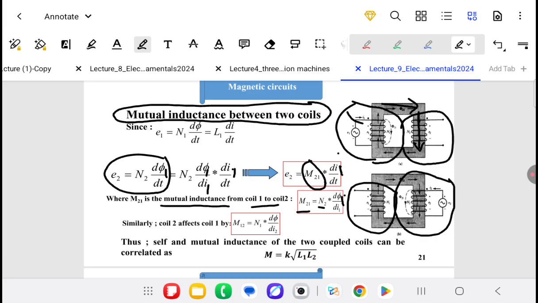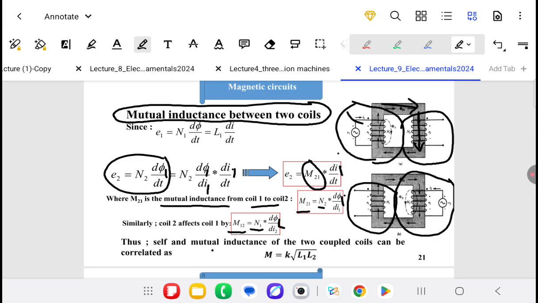Then we have the mutual inductance of coil 1 due to flux of coil 2, which equals N1 times the rate of change of flux phi 2 with respect to I2. This is phi 2, not phi 1.